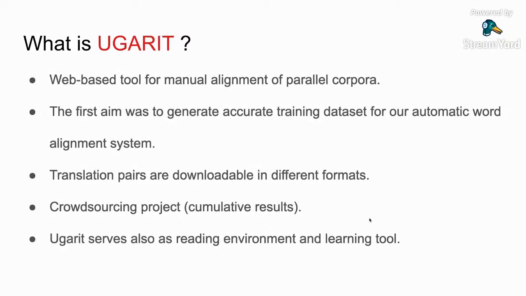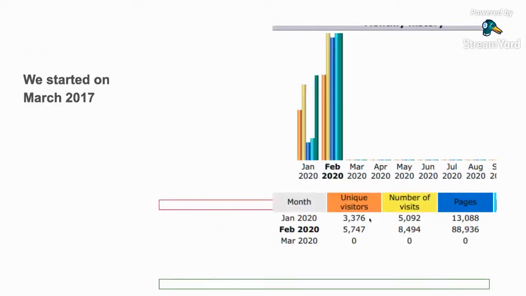It has been used as a reading environment to interactively read texts alongside their translations, and as a learning tool. And we're going to talk about that in a second as well. And there are also multiple applications that can be developed from the aligned word pairs that do not have necessarily anything to do with automatic translation as well.